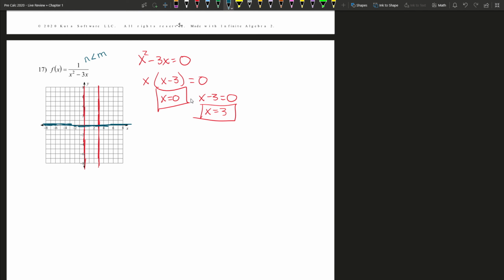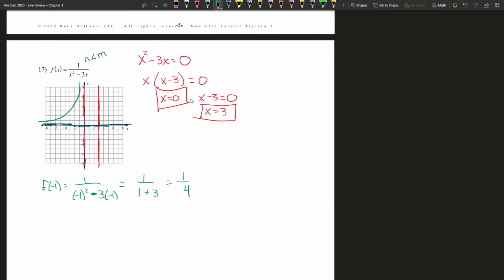And then we need to test every interval. So we need to test to the left of each asymptote and to the right of each asymptote. So there are 3 intervals. Let's plug in something like -1. When we do that, we get 1/4, which is above that blue line. So our graph to the left is going to look something like that.